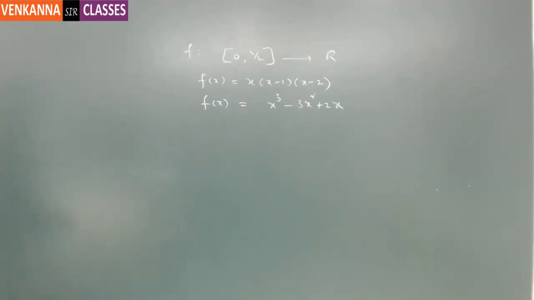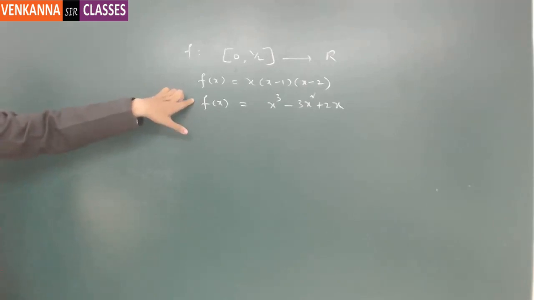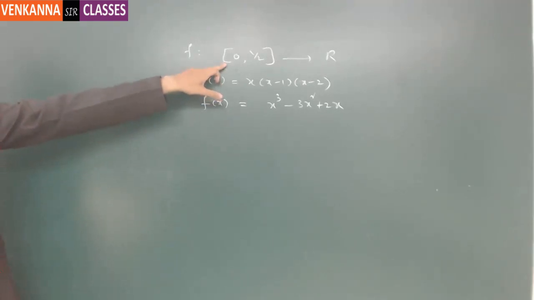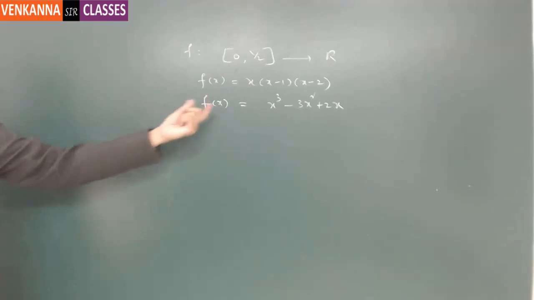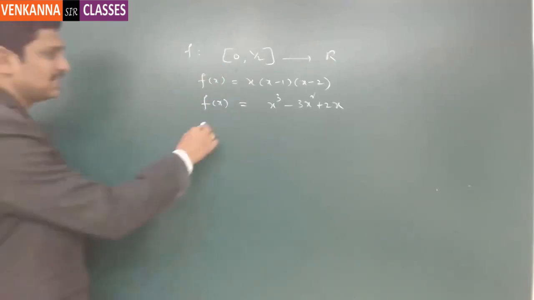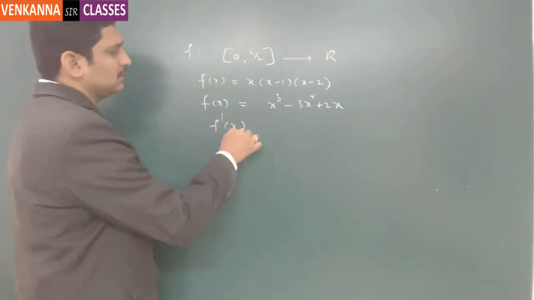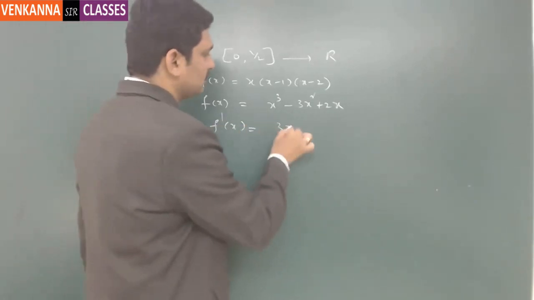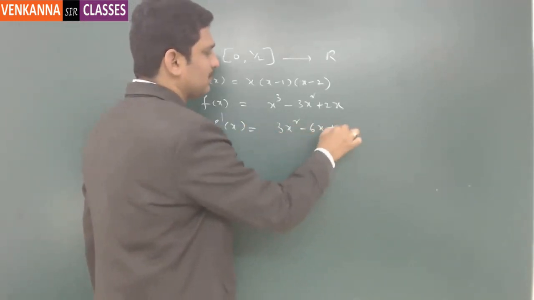Am I correct? Right. Since it is a polynomial, every polynomial is continuous. Hence, it is continuous on the real line. So, in particular, it is continuous on the given interval. In the exam also, we write the same content. Now if you consider the differentiation part, f'(x) = 3x^2 - 6x + 2.